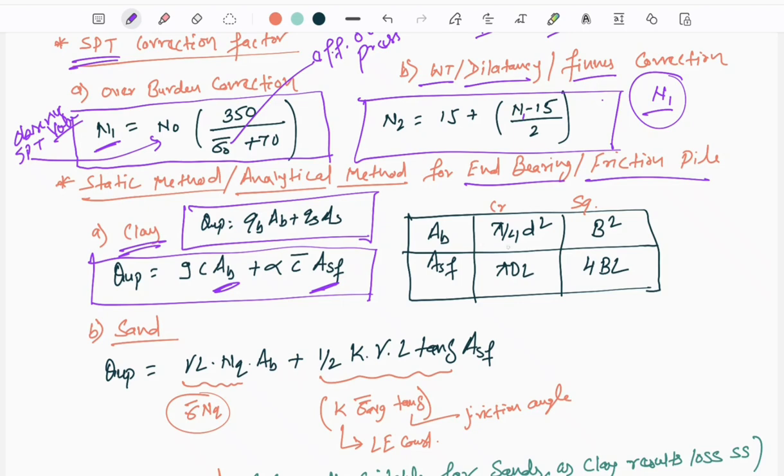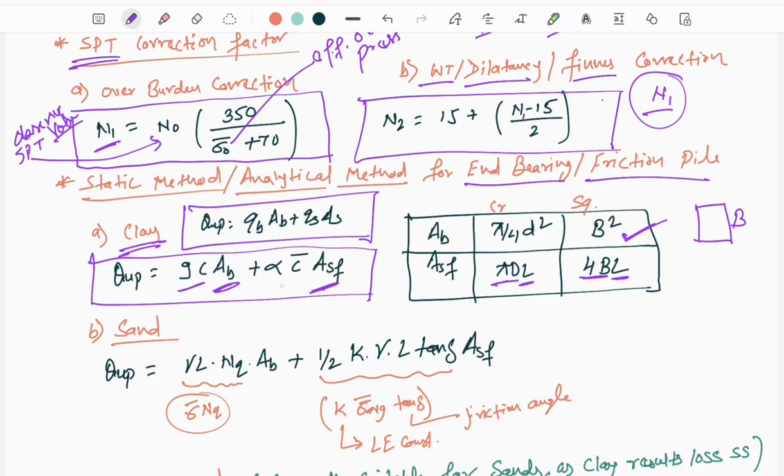If the section is circular, then it is pi by 4 d square, and if it is square, then it is simply the side squared. Suppose the square side is B, then it is B square. For the surface area, you calculate the perimeter pi d into the length of the pile, that is L, and in case of a square shape, 4B is the perimeter into the length of the pile, that is 4BL.